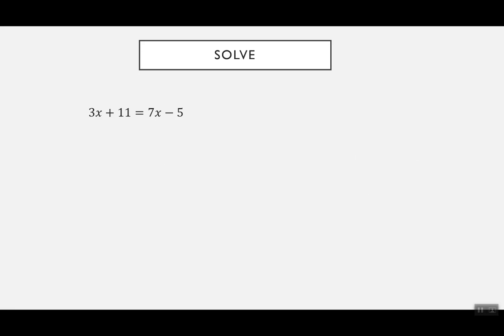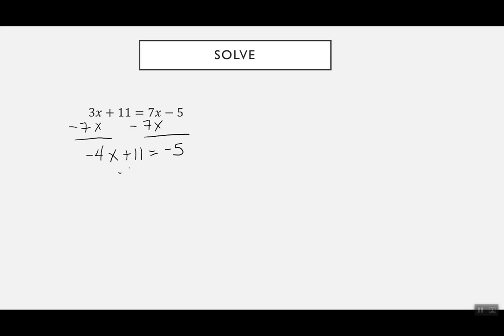Same kind of thing in this one. I have 3x plus 11 and 7x minus 5. So I have an x on the left, I have an x on the right, and I want them both to be together. Once again, I'm going to bring the 7x over to the left. So I like to have my variables on the left side of the equation. 3x minus 7x is negative 4x, and I have plus 11 equals negative 5.